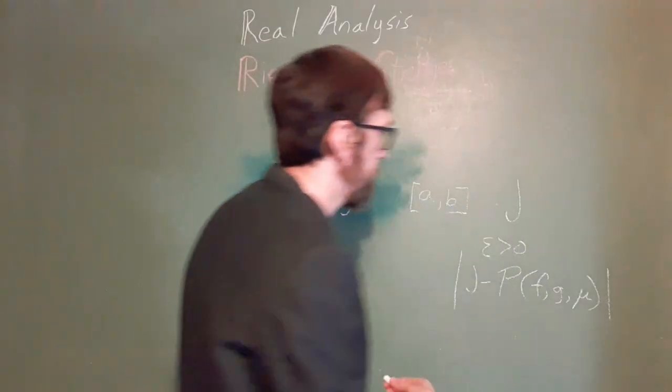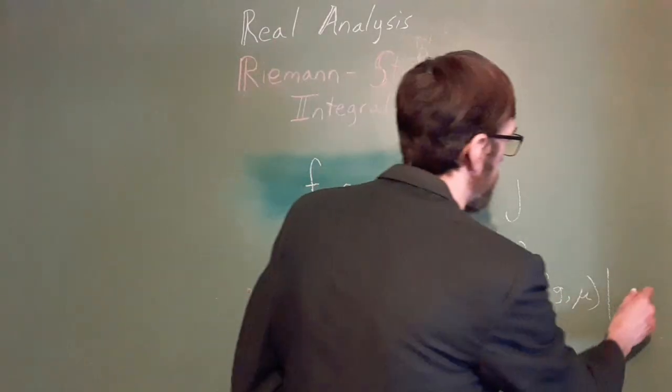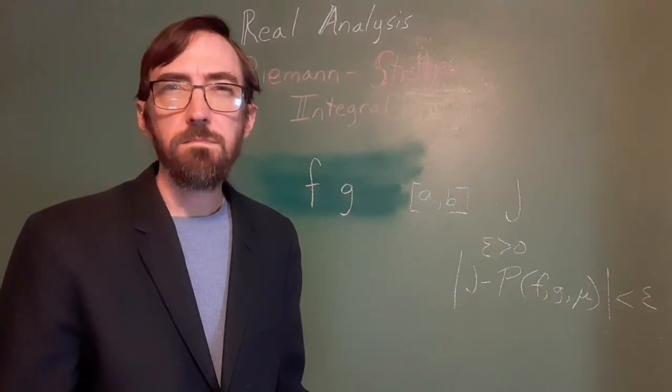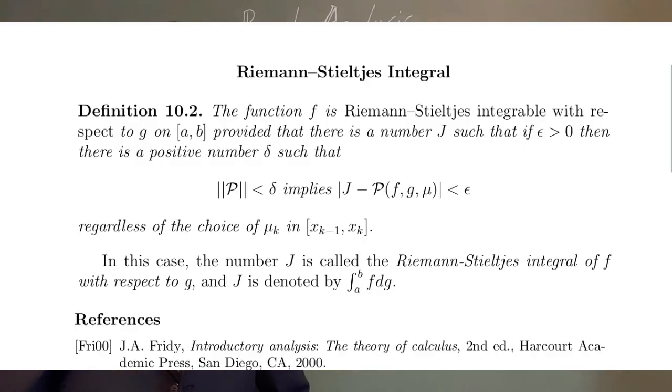The absolute difference there has to be less than epsilon. And that needs to work regardless of your mu sub k for your x sub k terms.